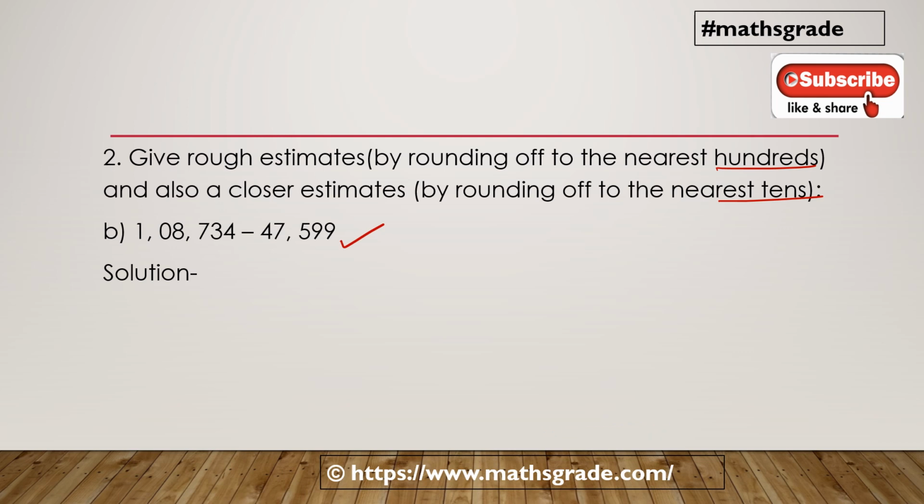Now we estimate this difference, that is 1,08,734 rounded off to the nearest hundred, we got 1,08,700, minus 47,599 rounded off to the nearest hundred, we got 47,600.